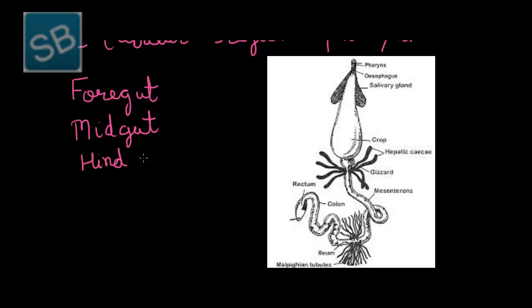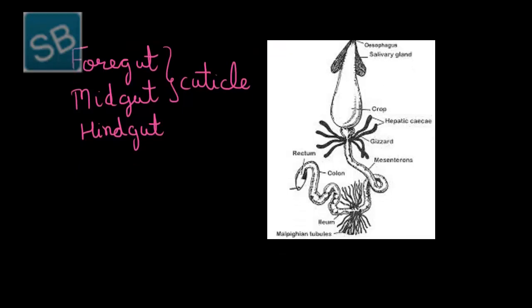The cavities of foregut and midgut are lined with cuticle. On lateral side of the alimentary canal, a pair of salivary glands occur. Each such salivary gland consists of two lobes and two reservoirs.